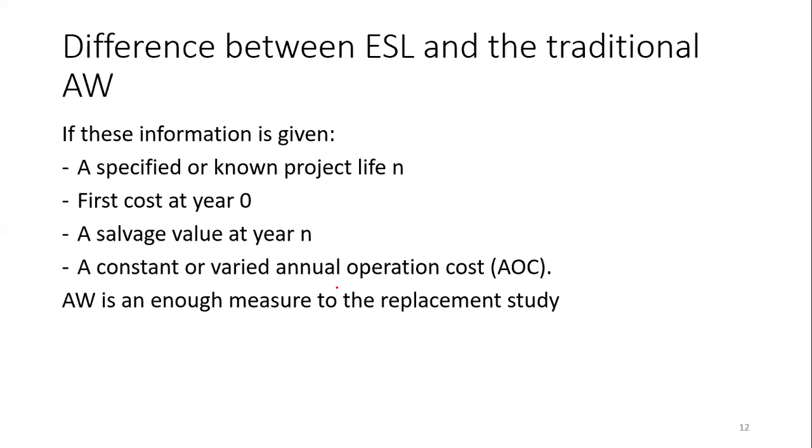So we use directly the annual worth analysis. If we don't have market value change, we know that the first cost at the year number zero, the salvage value is always at year n, and we know the project life is n. Like we have the very traditional cash flow.